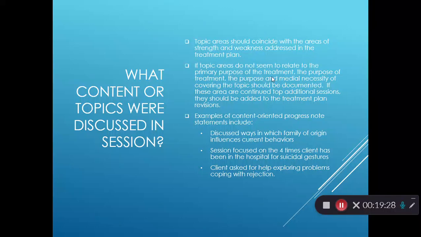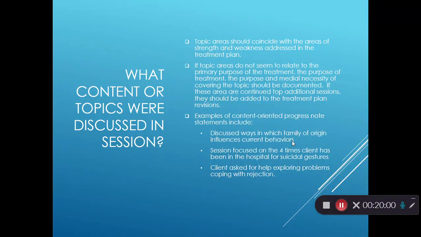I think we've covered most of this already. Sometimes you may talk about the family of origin, whether that was something they reported or a source of strength or a source of challenge for the client. You should talk about what the specific statements include.